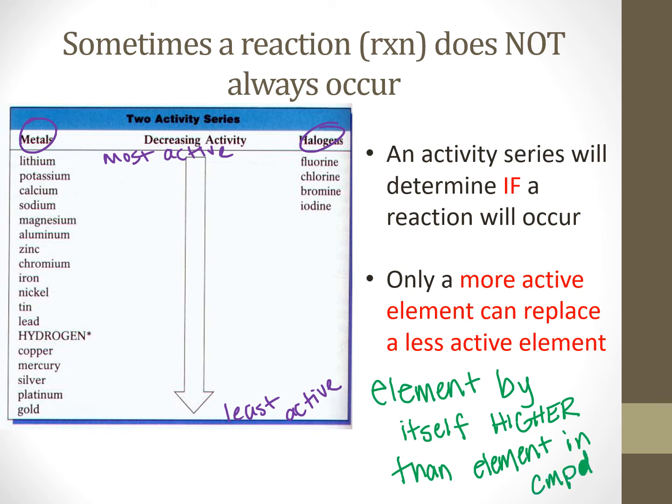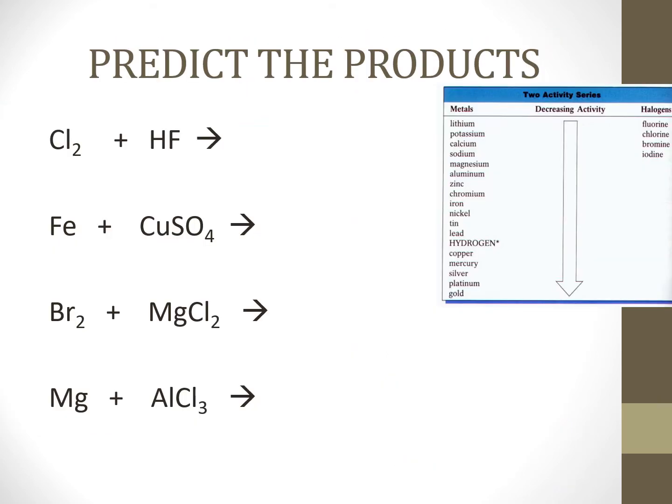So we're going to look at a couple examples in a second. So we're going to predict the products here. So chlorine plus HF. So again, look at the element that's by itself. Chlorine is a non-metal. It is going to try to replace fluorine. Remember, hydrogen's not a non-metal in this case.